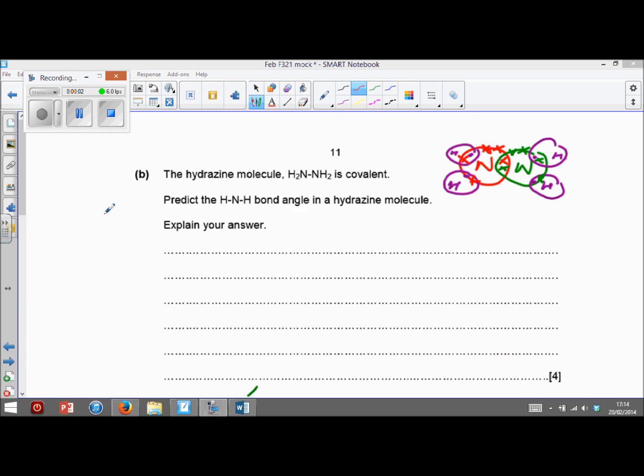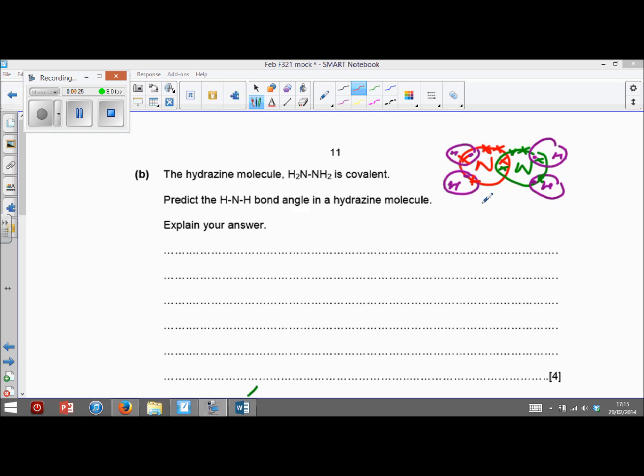So 5 part B. The hydrazine molecule is a covalent compound. Predict the NH2 bond angle in a hydrazine molecule. Explain your answer. This is worth 4 marks. Over here I've drawn hydrazine, sorry for the poor quality. But remember, nitrogen's got 5 electrons in its outer shell and hydrogen's got 1.